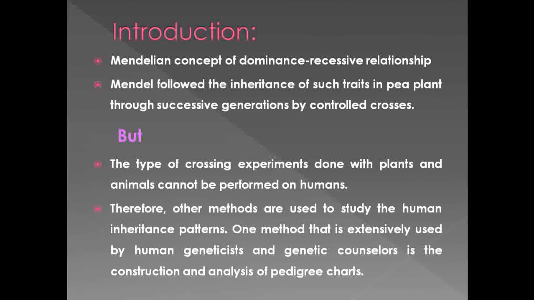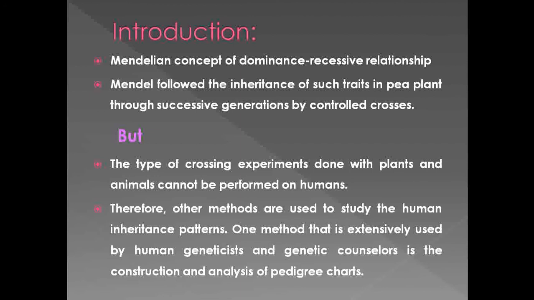He followed his concepts, or his laws, on traits by using pea plants. He could observe the successive generations of the pea plant to observe the dominant and recessive type of relationship.